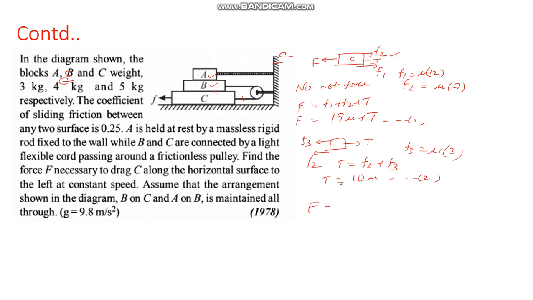So F is equal to 19 mu plus 10 mu, it is 29 mu. This is what we are getting. So the mu value is given. So 29 into 0.25, that is your answer. So the force necessary to drag C, yeah, that is your answer.